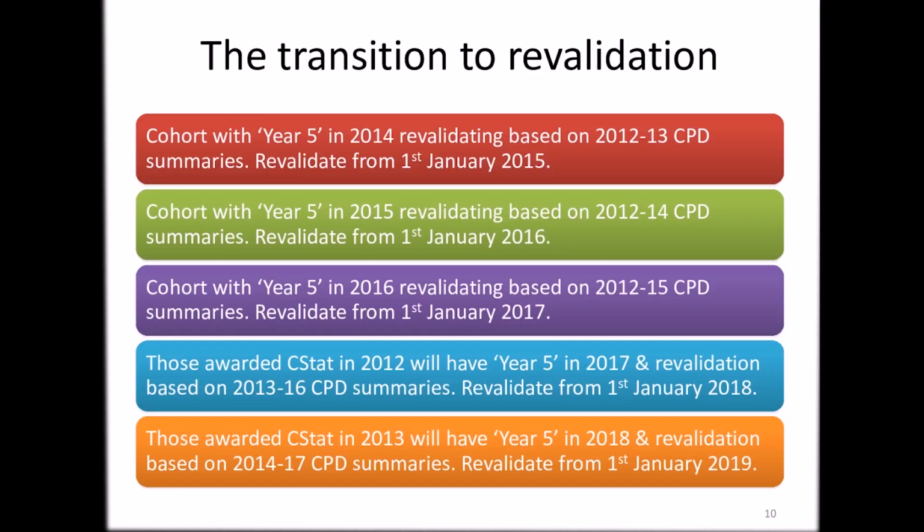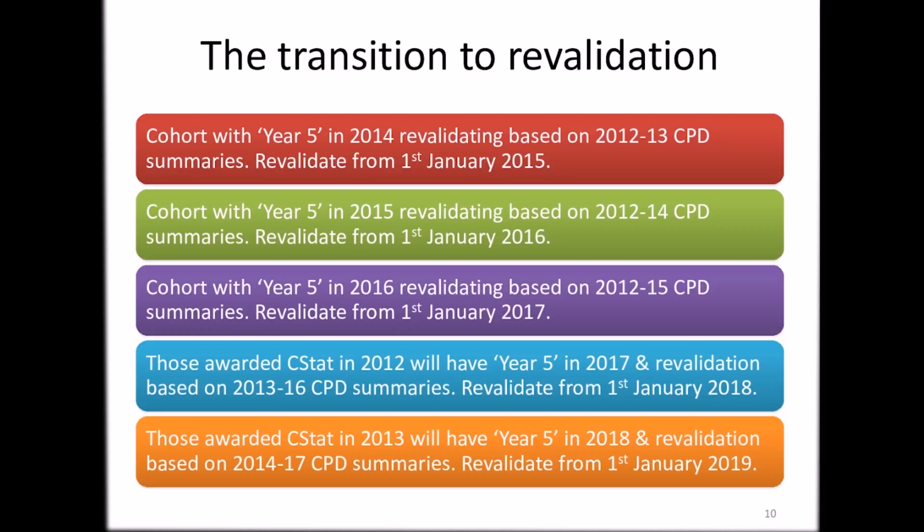Slide 10 describes this transition. So those members who received their CStat awards prior to 2012 were split into 3 cohorts represented by the top 3 panels on this slide. The first going through the revalidation process in 2014 based on their CPD summaries for the calendar years 2012 and 13.